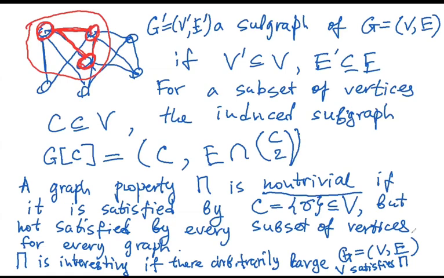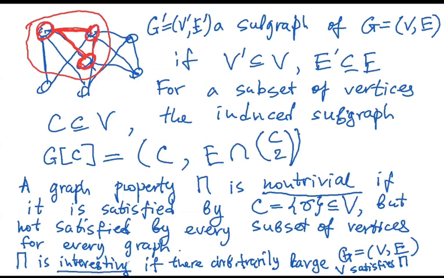But clearly we can come up with, for example, a clique or an independent set of arbitrarily large cardinality. So obviously these two graph properties are interesting according to this definition. They're non-trivial and interesting.